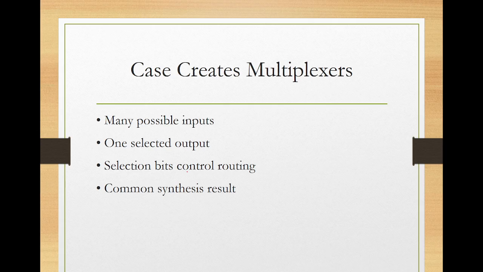Here comes today's mind-blowing moment. Most case statements become multiplexers, real multiplexers, physical selection hardware inside your FPGA. The case statement is not running. The case statement becomes hardware. That's the HDL magic. Imagine four inputs A, B, C, D and one output.